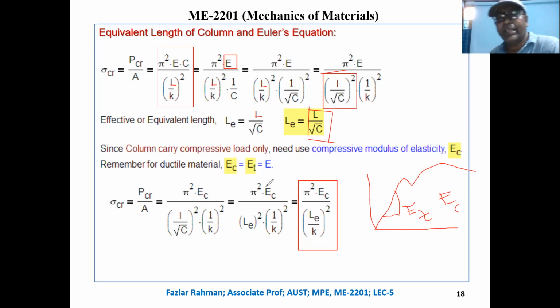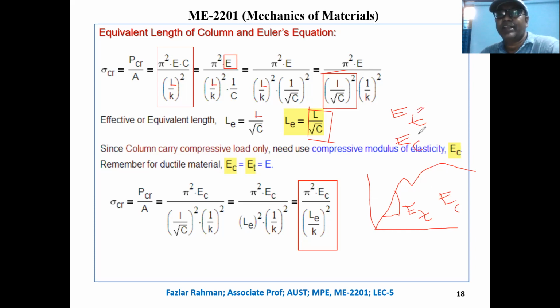For ductile material, EC and ET are the same, but in proportional life, for example, if we use aluminum in an aircraft or in a helicopter or design a missile or space shuttle, then a lot of types are aluminum, and some aluminum has a different value. Though aluminum is ductile, still you will see the value of ET and the value of EC are not the same.